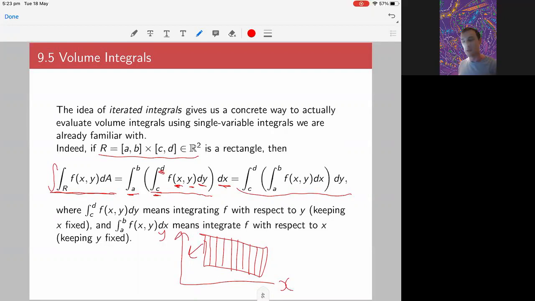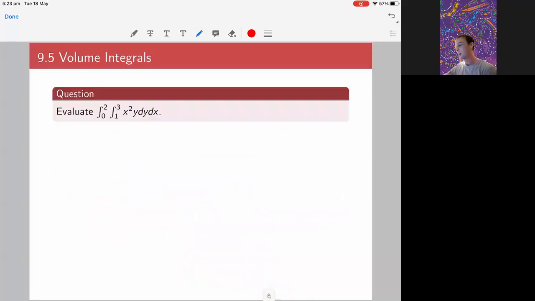All right, now that we've got this idea of iterated integrals, we are now finally in a position to actually do an example. And the example is this. Evaluate this integral here, the integral from 0 up to 2, the integral from 1 up to 3, x squared y dy dx.